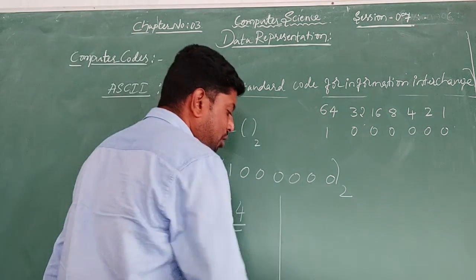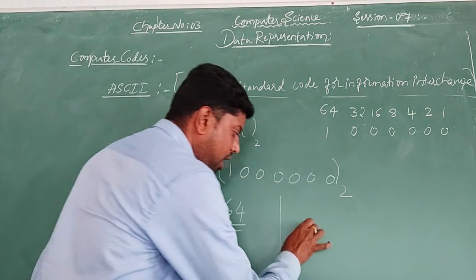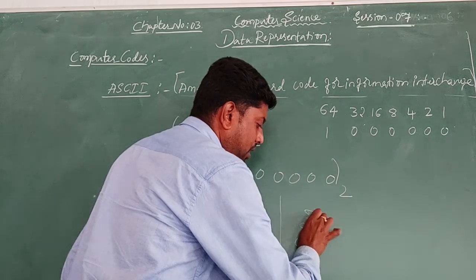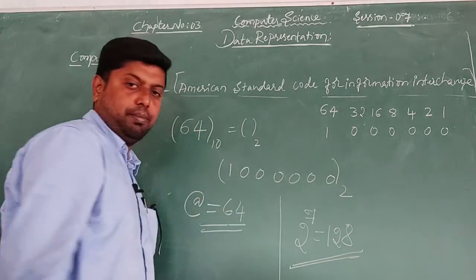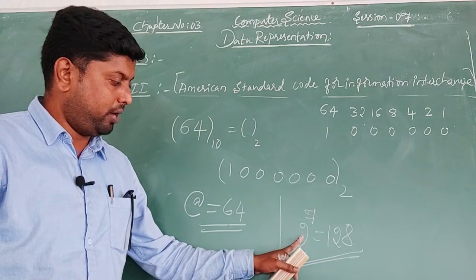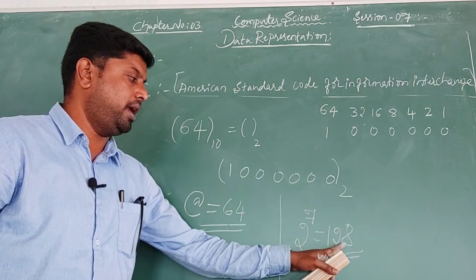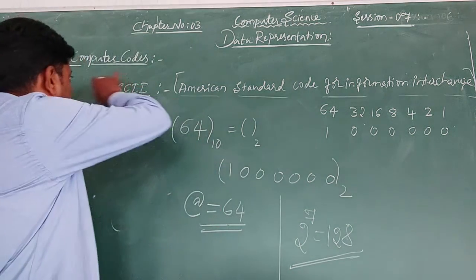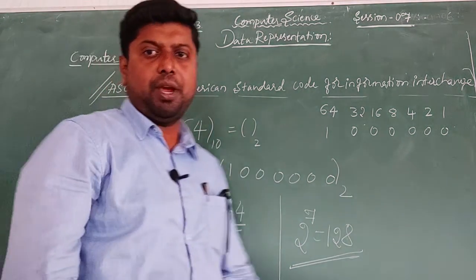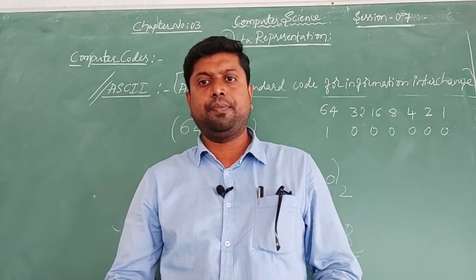Then the memory module of these ASCII codes is maximum 2 to the power of 7, that means 128 digits are possible. Very important, 2 to the power of 7. 128 binary combinations are possible to store these kinds of American Standard Code for Information Interchange, dear students.